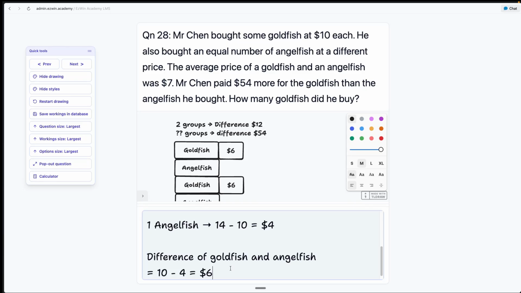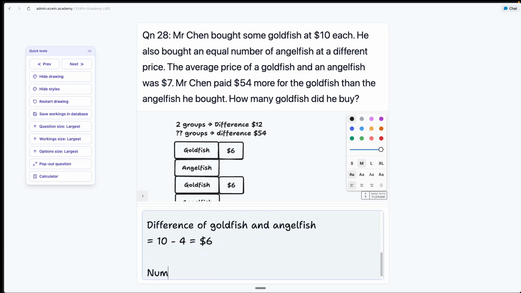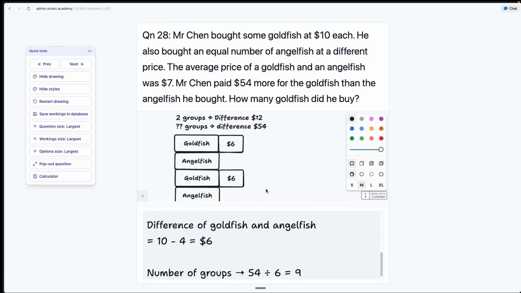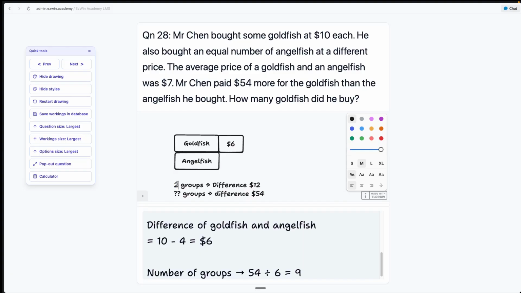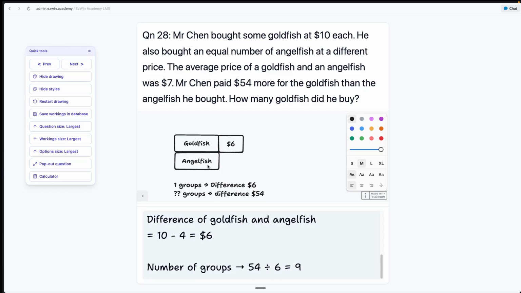So what we can do is the number of groups is equal to 54 divided by 6, and this will give us 9 groups. Okay, so from here we know that one group is equal to a difference of 6. So how many groups is a difference of 54? Since he said the same number of goldfish and angelfish, this is very important. So now we know the number of groups.